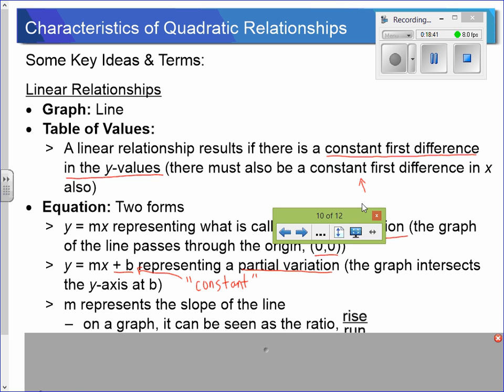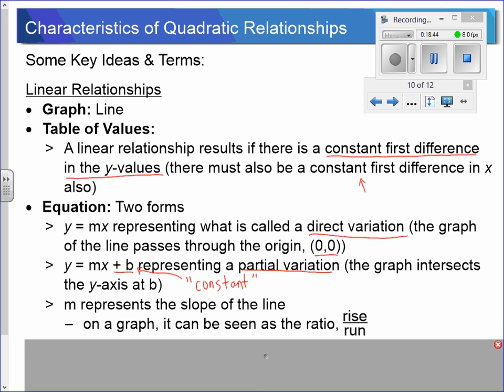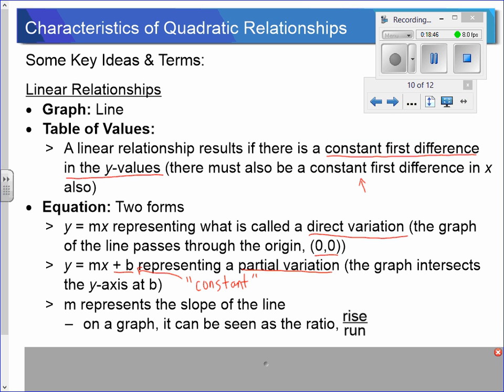Remember that in a graph, slope is seen as the ratio of rise over run. If this is my line going in both directions, between any two points on the line we can measure the run, and perpendicular to the run, we have the rise.